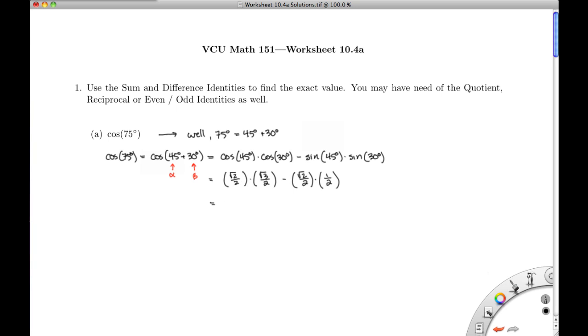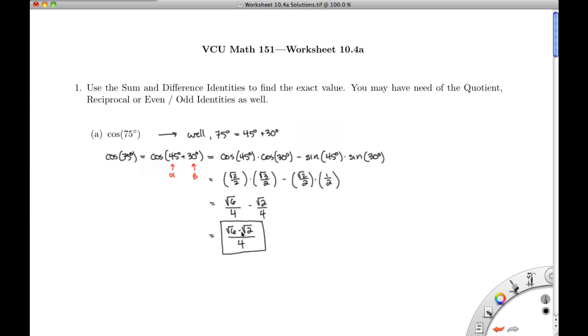So we multiply these together. Square root of 2 times the square root of 3. With multiplication, we can bring those numbers inside of the radical. And then we've got over 4 minus the square root of 2 over 4. So we combine these with our common denominator, and we have the square root of 6 minus the square root of 2 all over 4. And then that would be our exact solution.